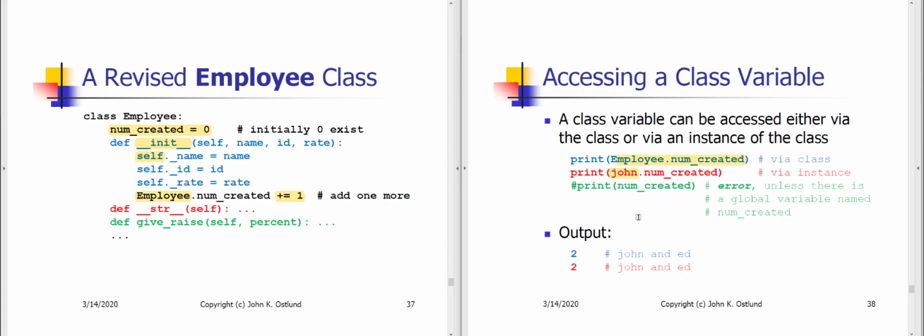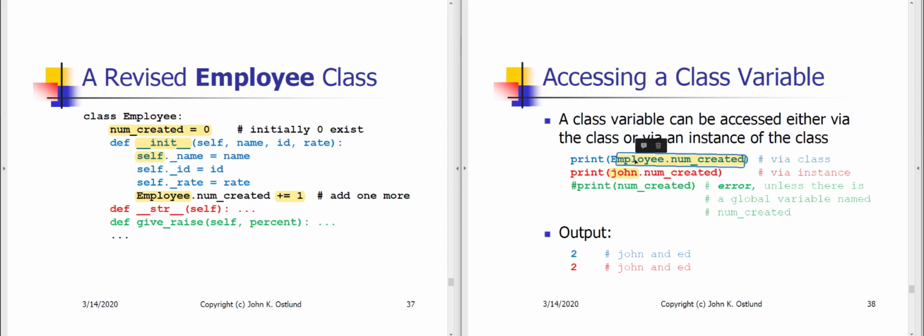But it's not necessary for you to have any instances of an employee object currently around. That is, when you launch your company, you haven't created any employees yet. You haven't hired any employees yet, but you would like to be able to query how many employees my company currently has, and you would like to get told, oh, your company currently has 0 employees.